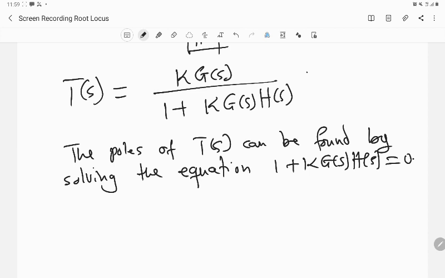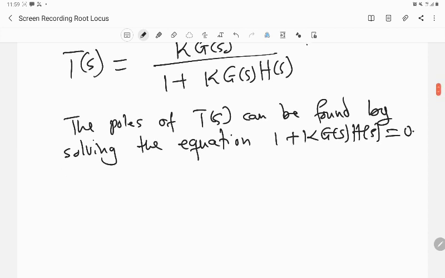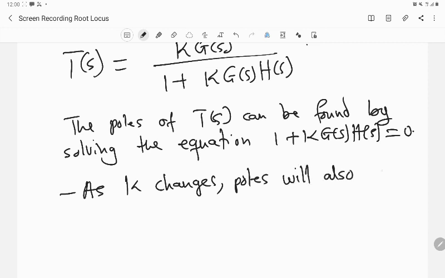That's the characteristic equation. Obviously, as K changes, and K is a system parameter, the poles will also change.